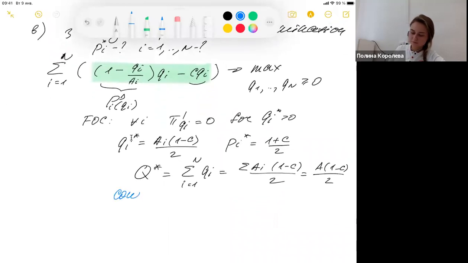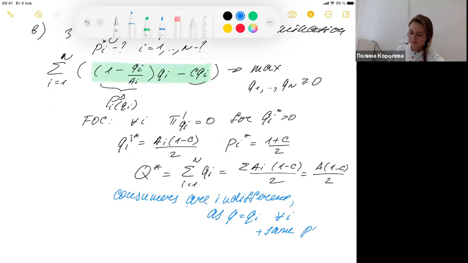So consumers are indifferent, as the quantity that they will buy equals QI for each I, at the same price. And our firm is also indifferent, because same price, same quantity it sells, same profit. So the society is also indifferent. The social welfare in total will be the same.